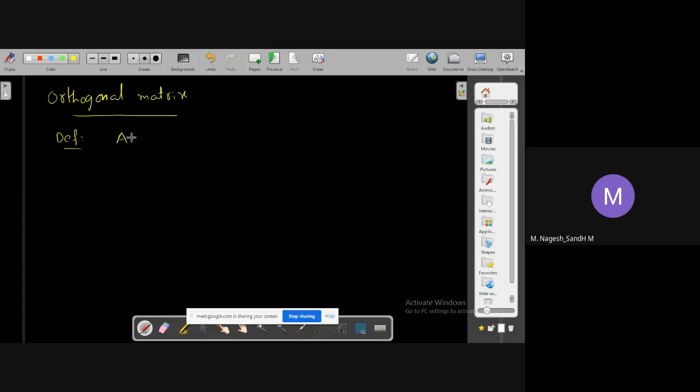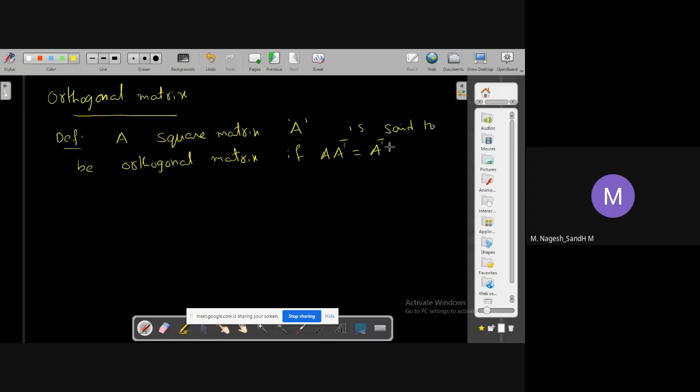Definition: a square matrix, capital A. This is our matrix. Capital A is said to be an orthogonal matrix if A into A transpose is equal to A transpose into A is equal to identity.